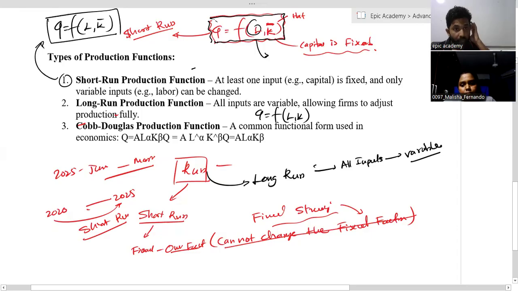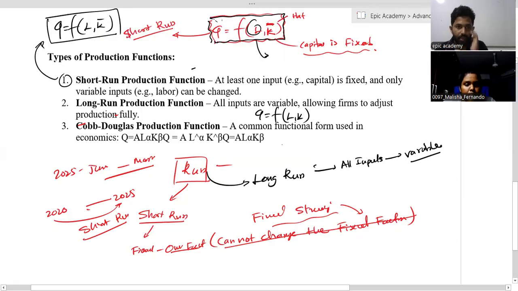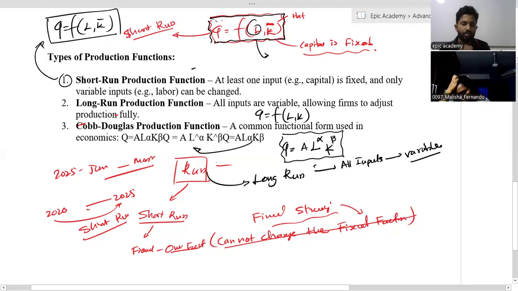So then Cobb-Douglas production function. This is a very important part. In here, I will write down Q equals A L alpha K beta. When you convert into PDF, it converts automatically.